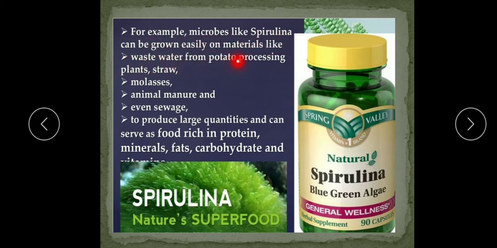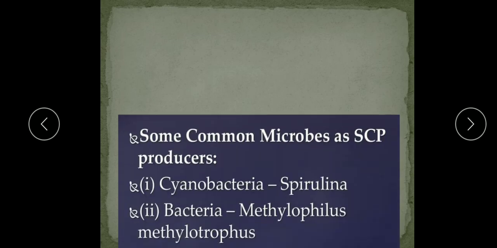For example, microbes like spirulina can be grown easily on materials like wastewater from potato processing plants, straw, molasses, animal manure and even sewage to produce large quantities, and can serve as food rich in protein, minerals, fats, carbohydrates and vitamins. So this is the blue-green alga spirulina.